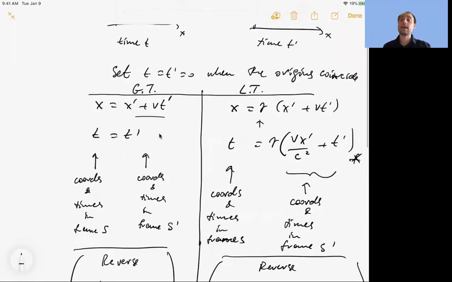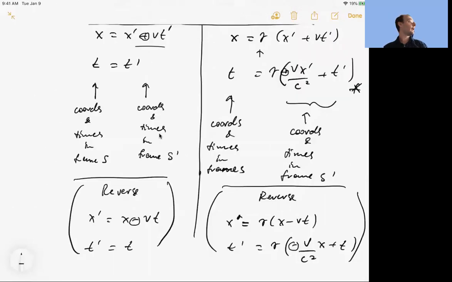So again, if the transformation from one frame to the other includes a plus sign in front of v, then from the other to the one, it will be a minus sign. And that's really the only thing you have to remember. Don't worry about anything else, and then all those confusions will disappear.